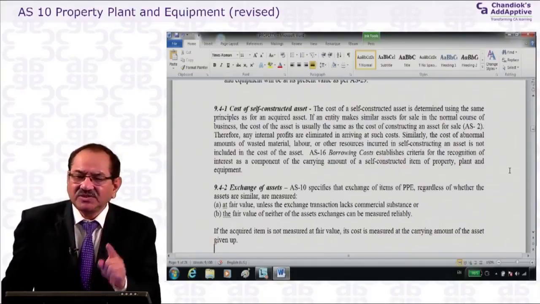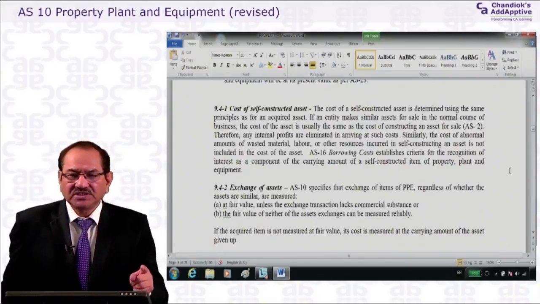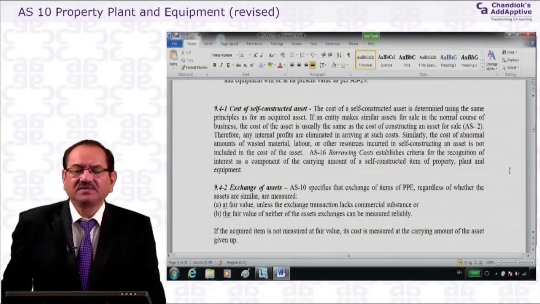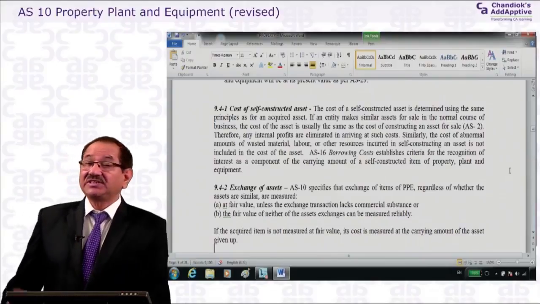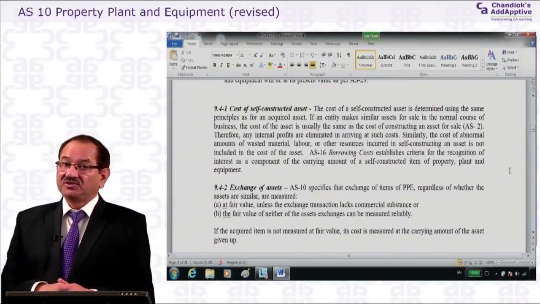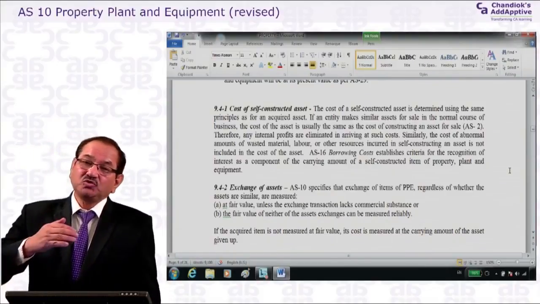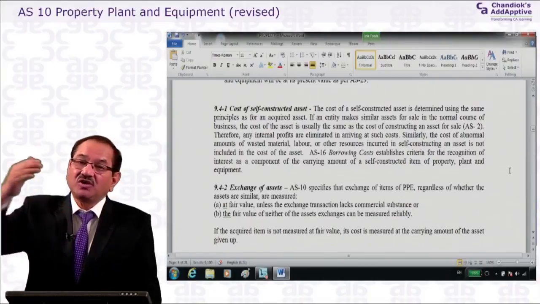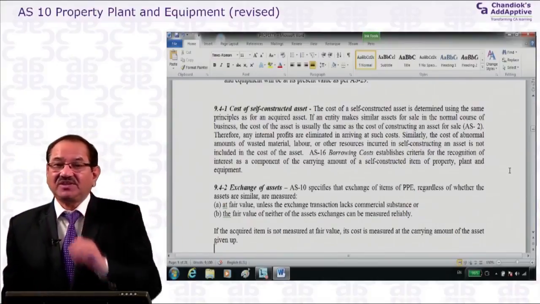If you have used 10 bags of cement which cost you 6,000 rupees, but whose sale value is 7,000, whether you should include in the cost of that building 6,000 or 7,000.